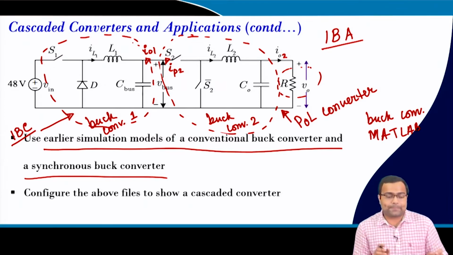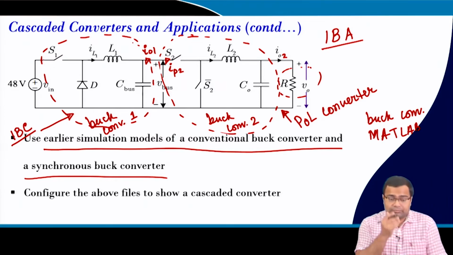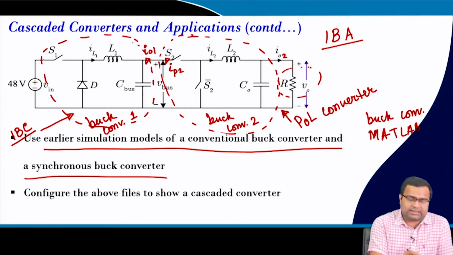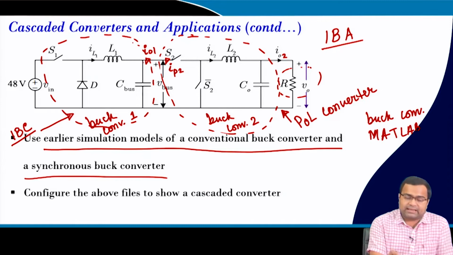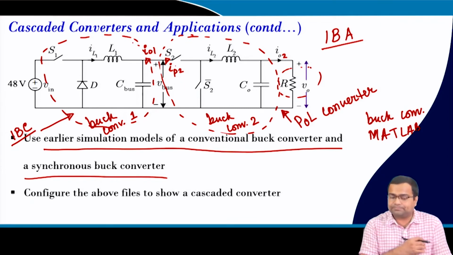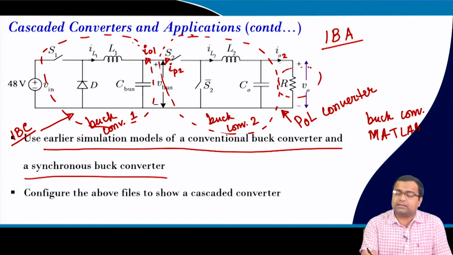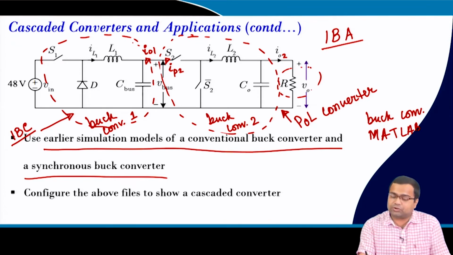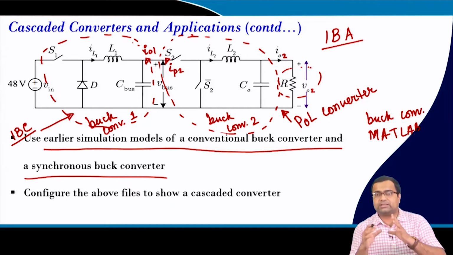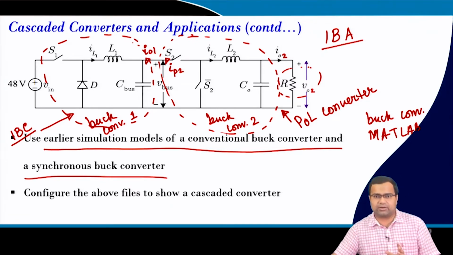For the first stage my input voltage is 48 volts, and the output current I01 is nothing but the input current of the second stage. For the second stage the output current is nothing but V02 by R2, since it is a resistive load. I can use a constant current load also.